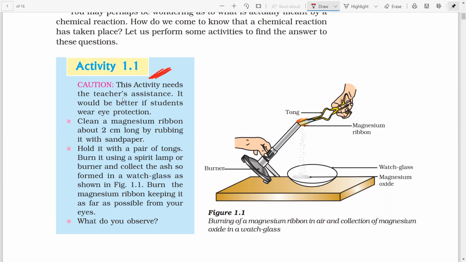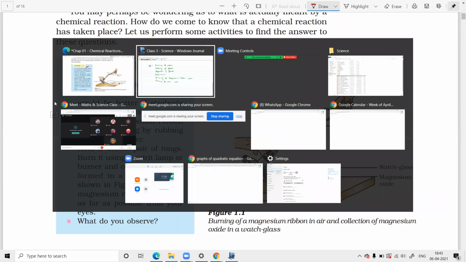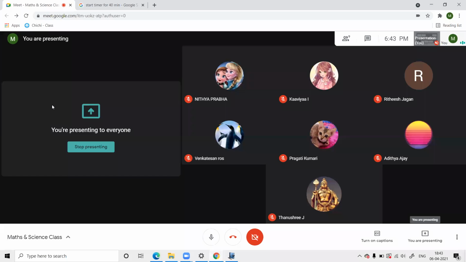Read it right now, very quickly. Go through it. And I want one of you to read this aloud for me. Who will read? Who's a volunteer? First volunteer. Yes, Nitya, go ahead.